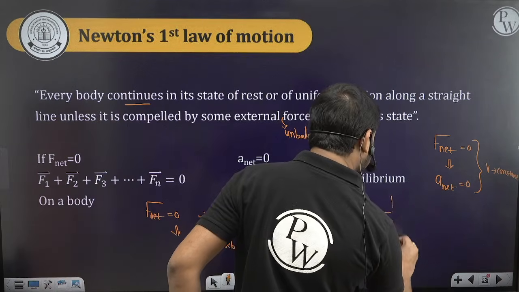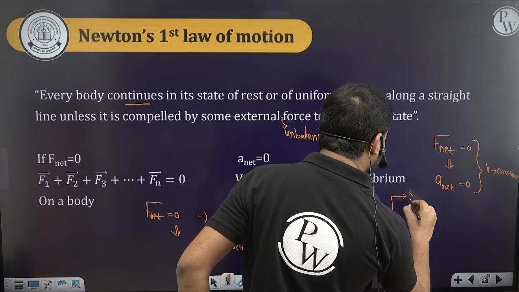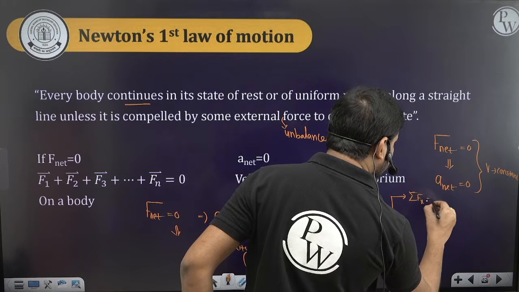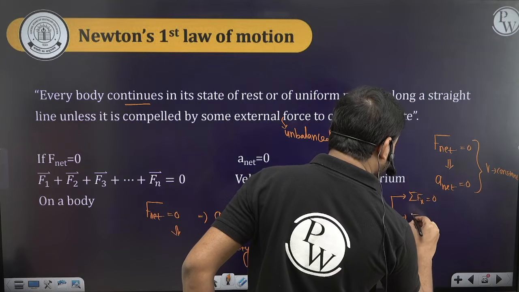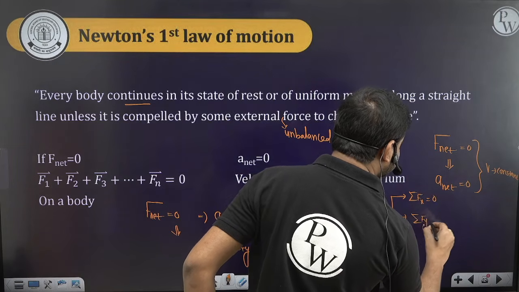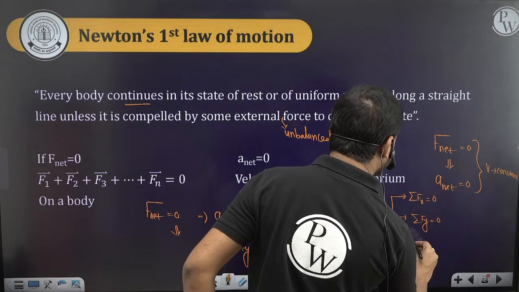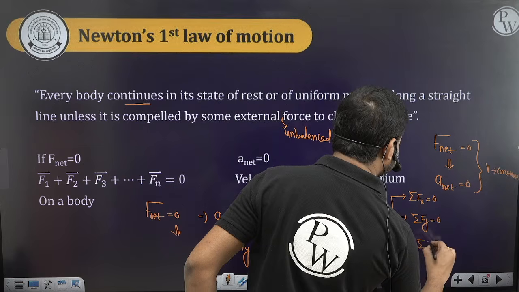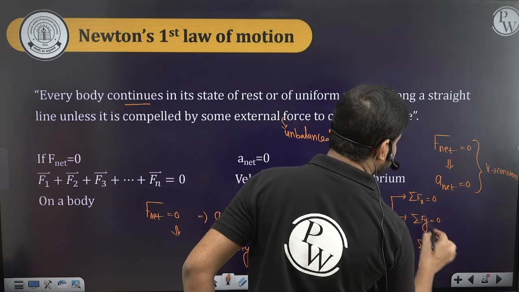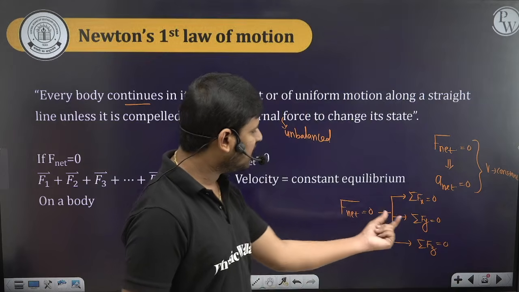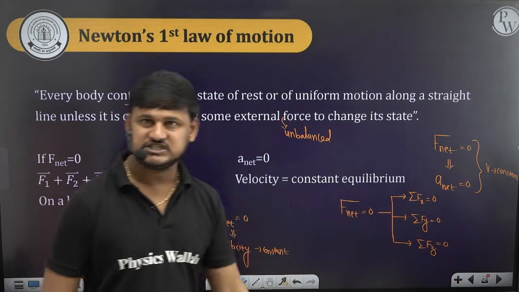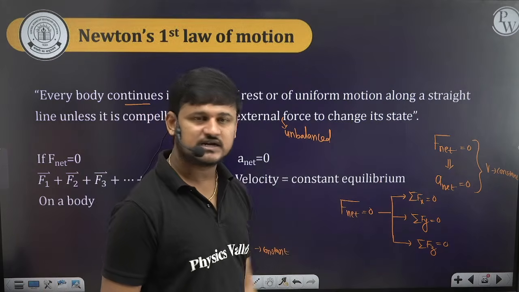So this implies that the summation of forces in the X direction is 0, in the Y direction is 0, and in the Z direction is 0. Summation means sigma: sigma Fx = 0, sigma Fy = 0, sigma Fz = 0.